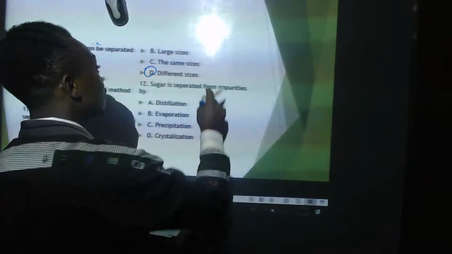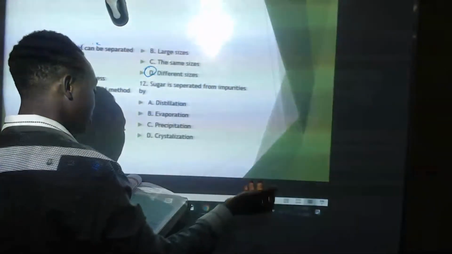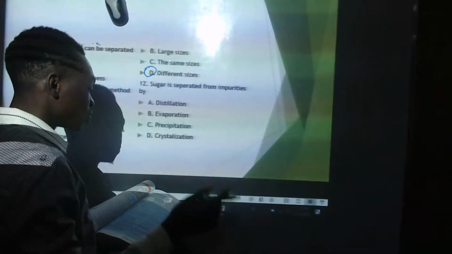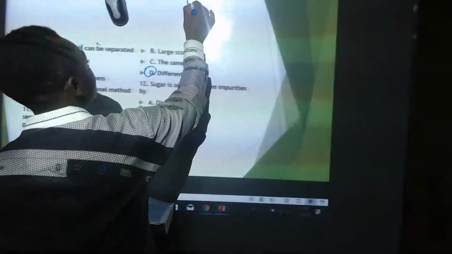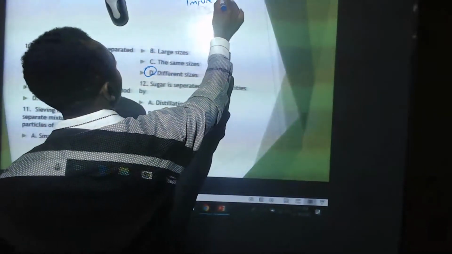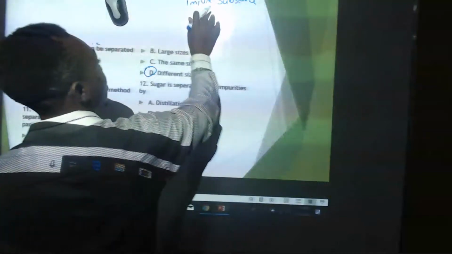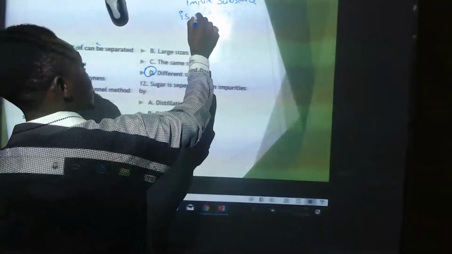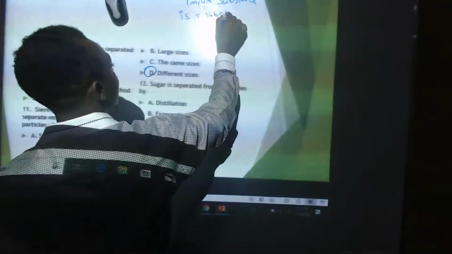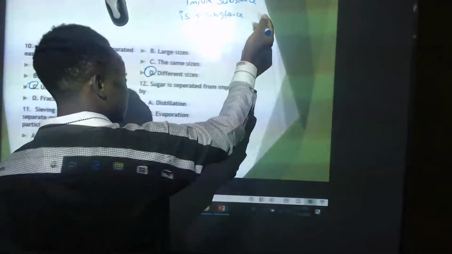And there's what we call purification of substances or test for impurity. An impure substance is a mixture. So when is a substance said to be impure? An impure substance is a substance that has a mixture.